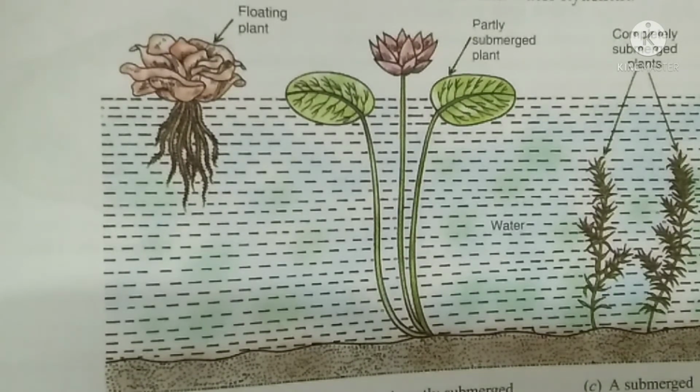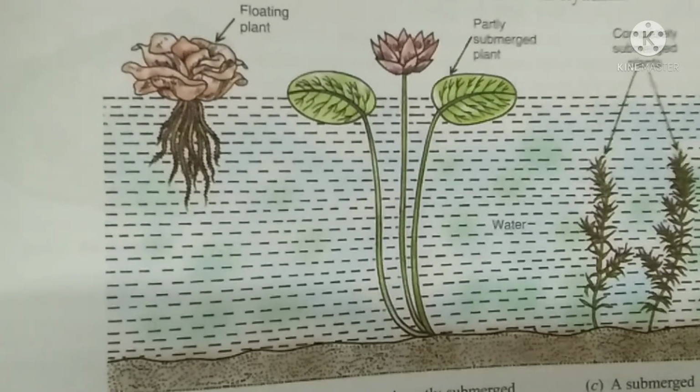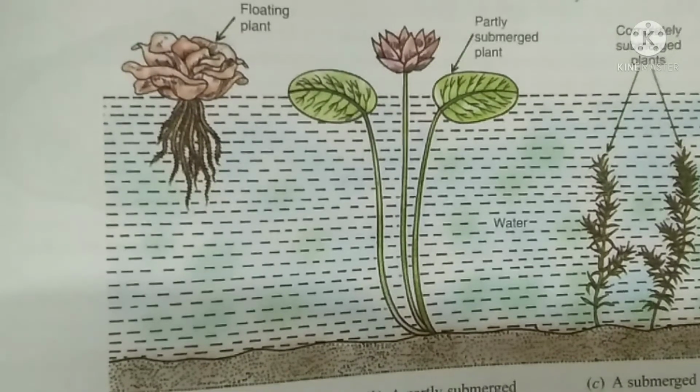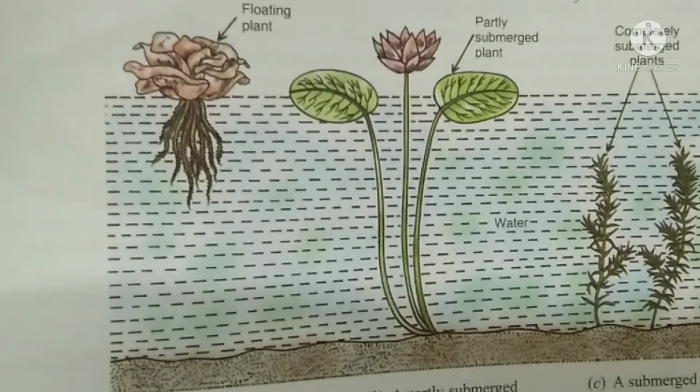They may have ribbon-like leaves, that is thin leaves, or highly divided leaves, divided into many parts, which helps them prevent water loss. This type of leaves also will not get torn when there is flow of water.